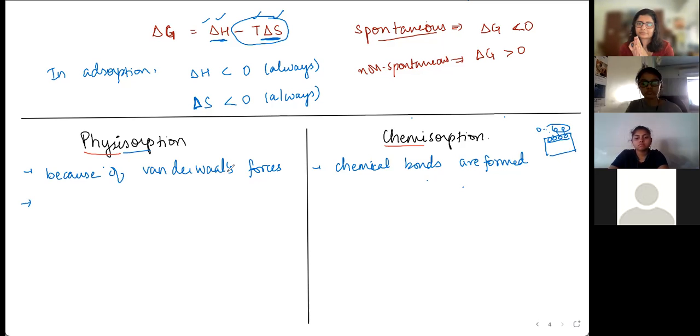Ma'am, van der Waals forces exist between molecules, but it does depend on which molecules, because there are other types of bond formations as well, right? There are other types of bond formation, but does that mean that van der Waals forces go away? No, ma'am, they're always there. Van der Waals forces are universal.